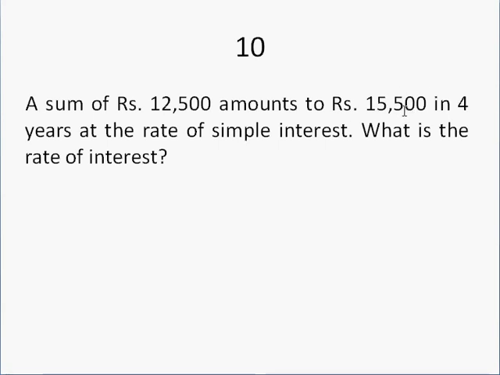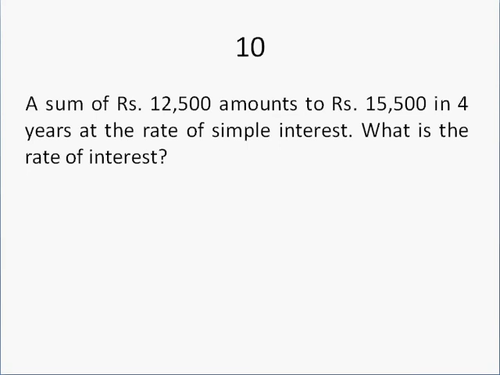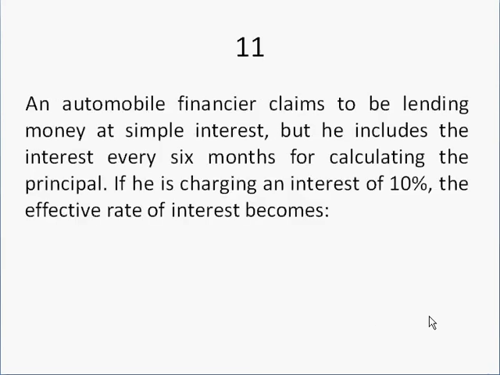So simple interest would be the total amount minus the principal. So we got simple interest as rupees 3,000. Now we know all the values except R, so we can easily find that R is equal to 6%.